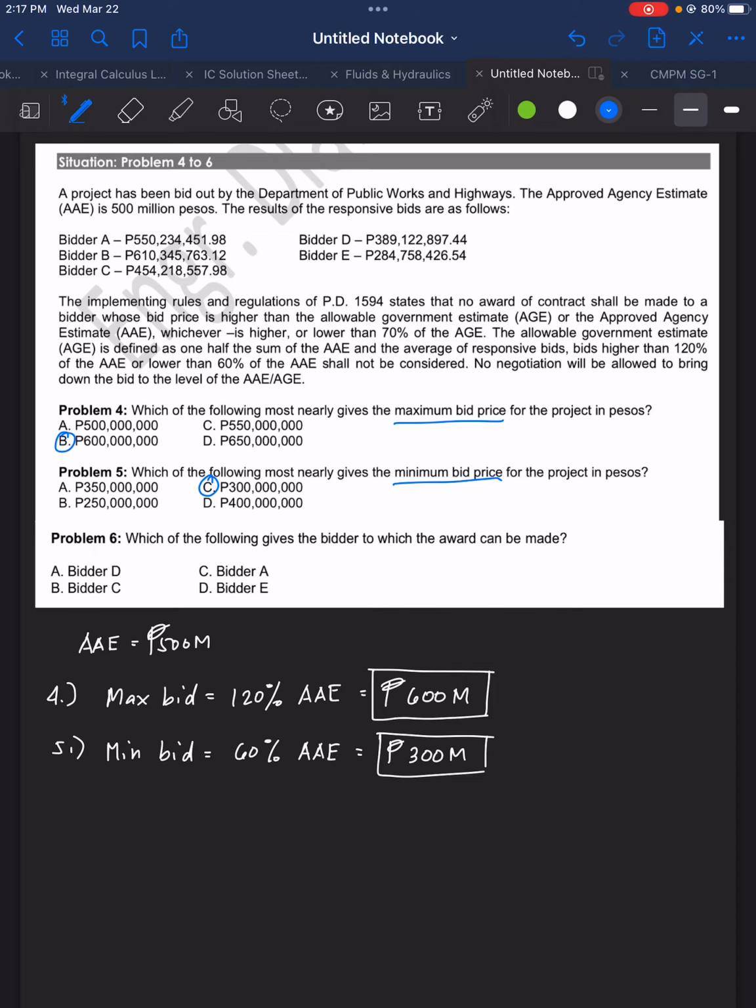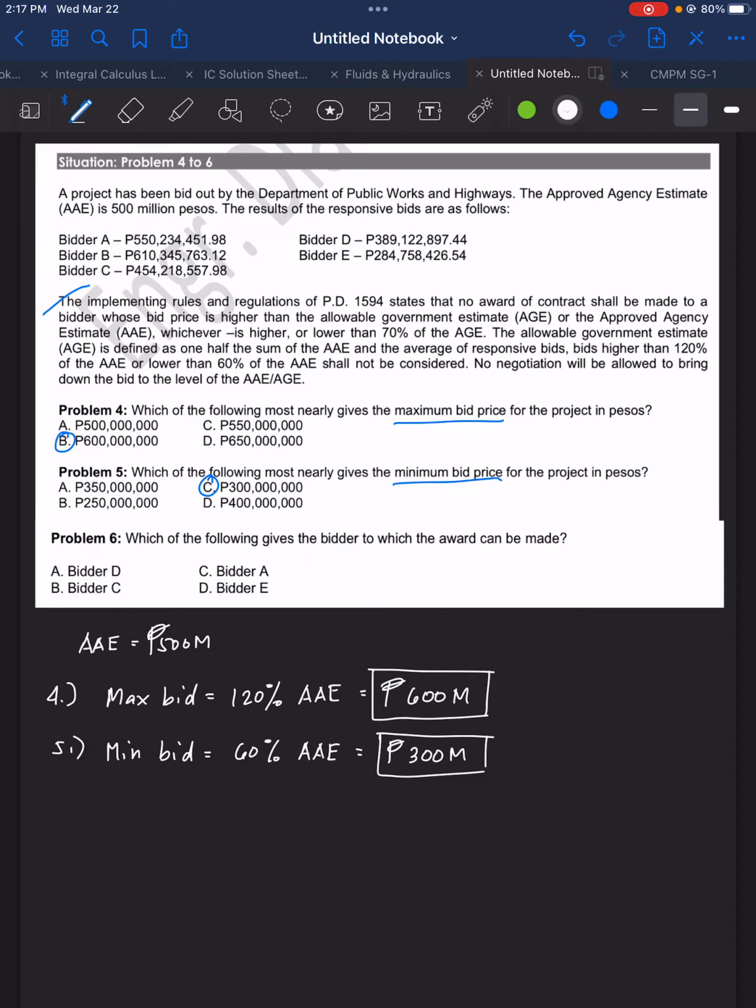The implementing rules and regulations of PD 1594 states that no award of contract shall be made to a bidder whose bid price is higher than the allowable government estimate or the AAE, whichever is higher, or lower than 70% of the AGE.